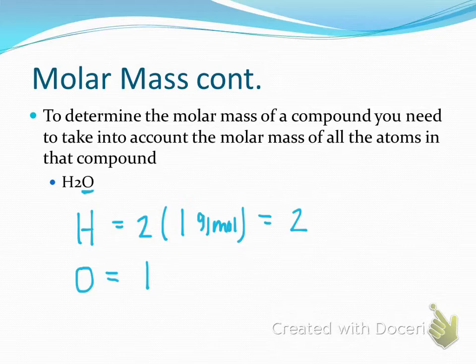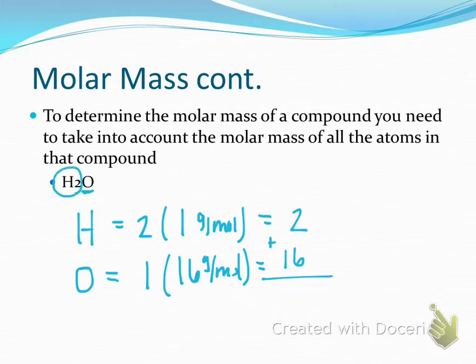So oxygen, how many atoms do I have? 1, right? I only have 1 oxygen atom, and it weighs how many? What's oxygen's molar mass? 16 grams per mole. So since I only have one of those oxygen atoms to take into account, I multiply 1 times 16 and I get 16. Then I add those two together. So to find the molar mass of my whole compound, I take the molar mass of each hydrogen atom and I add it to the molar mass of my oxygen atom.